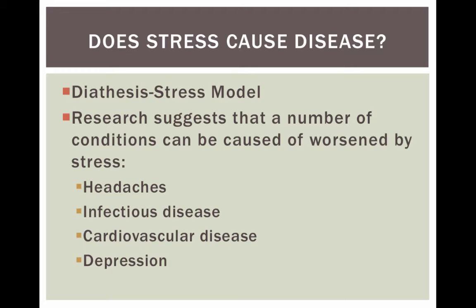So what's going on? One of the key models you'll see here to account for the relationship between stress and disease is the diathesis stress model. This model suggests that some individuals are vulnerable to stress-related diseases because of either some genetic component or some biochemical imbalance that's going to predispose them to these diseases.